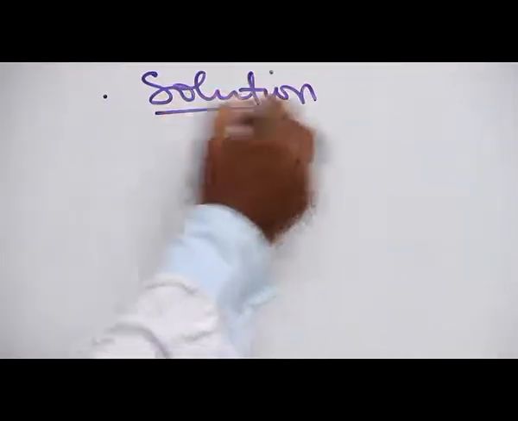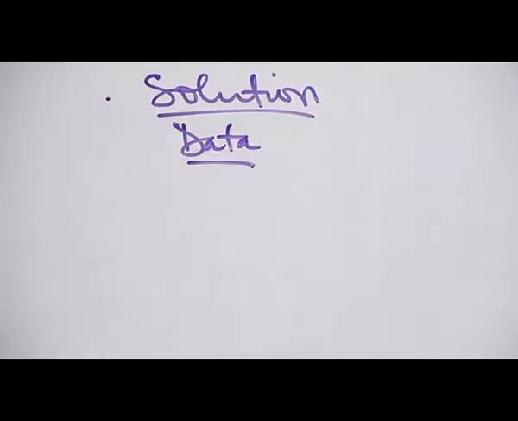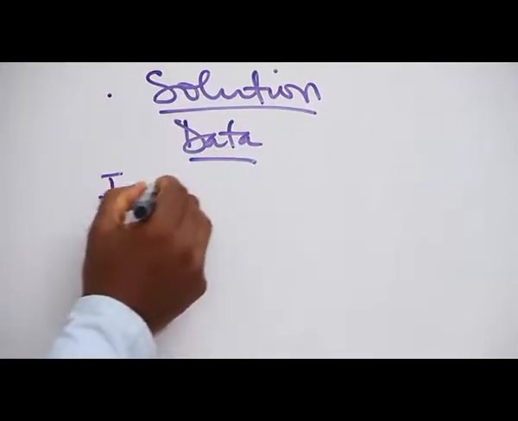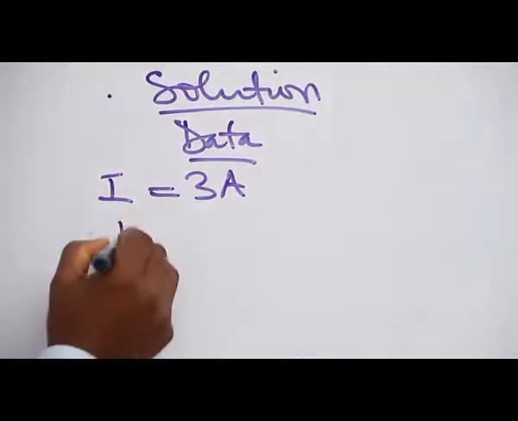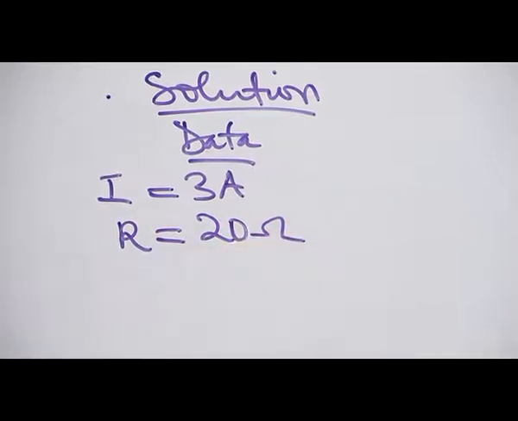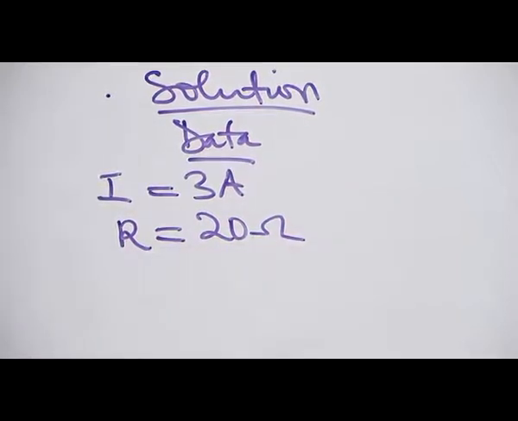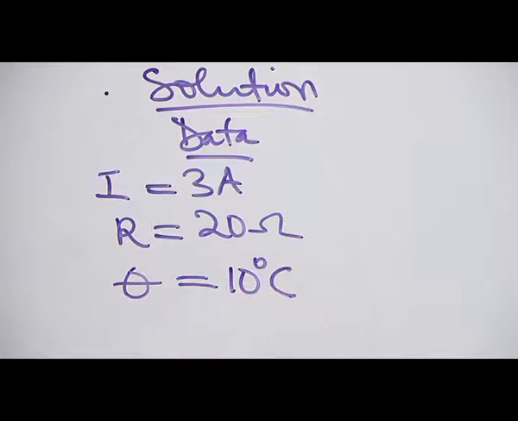First, we take the data from the question. We are given the electric current I, 3 ampere. We are given the resistance as 20 ohms. We are also given the change in temperature, theta, as 10 degrees Celsius.